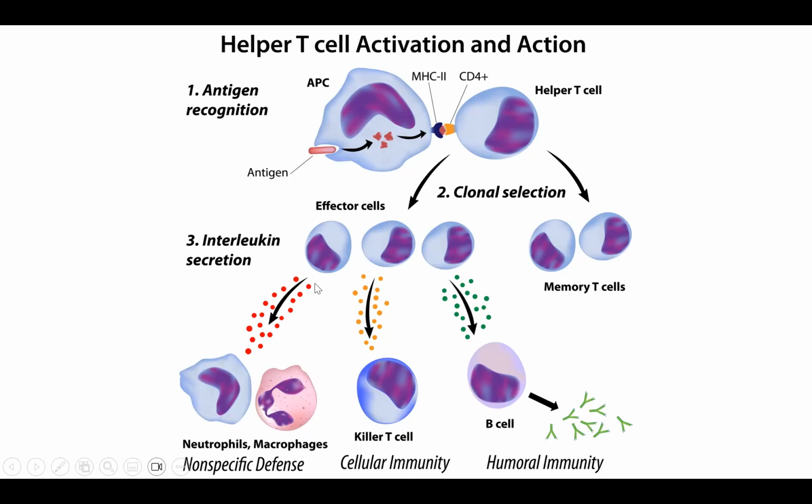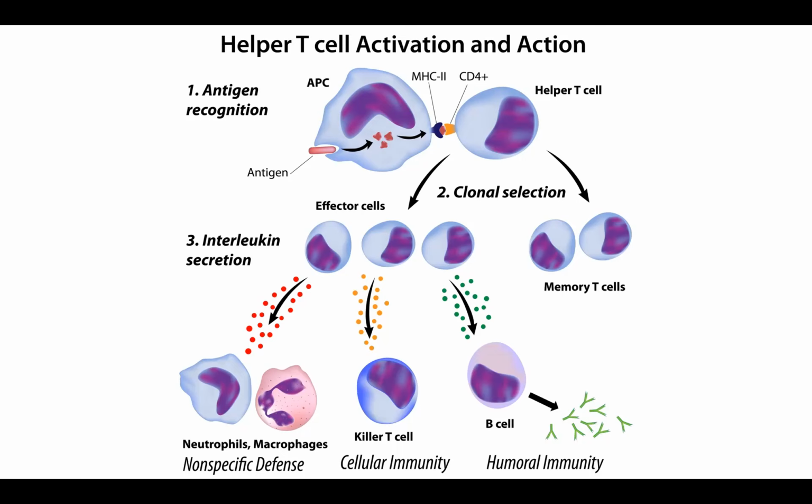All right, one type of interleukin secretion will lead to non-specific defense. Those are macrophages and neutrophils. Another type of interleukin will produce your killer T cells, so you're going to get the cellular immunity.